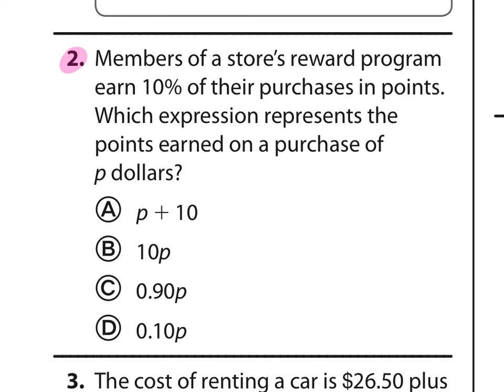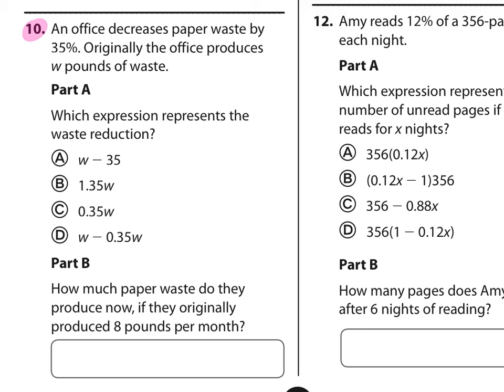So notice that they earn 10% of their purchases, and there's a purchase of P dollars. So they're earning 10% of P, 0.10 or 0.1 of P. Answer choice D.